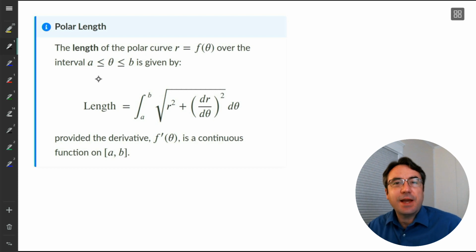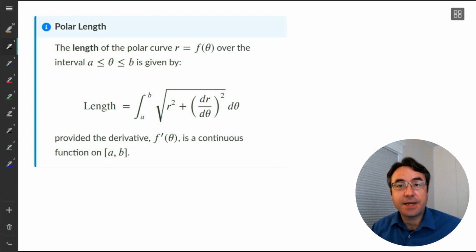All right. So there are two scenarios here that we'll be looking at. One is where the interval for theta is actually given to us. It's specified. But sometimes if this interval for theta is not specified, then we actually have to figure this out.